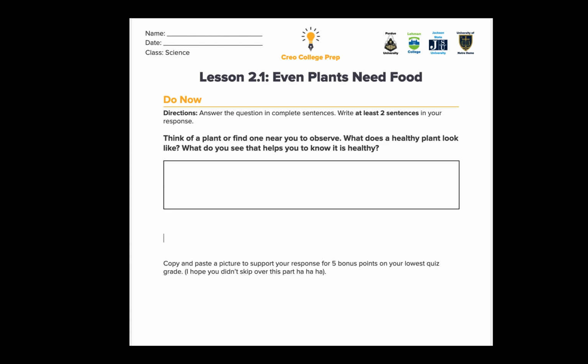Is it whether the plant is wilted, or how strong the leaf looks? How do we know a healthy plant from one that is dying? Then copy and paste a picture to support your response for 5 bonus points on your lowest quiz grade.